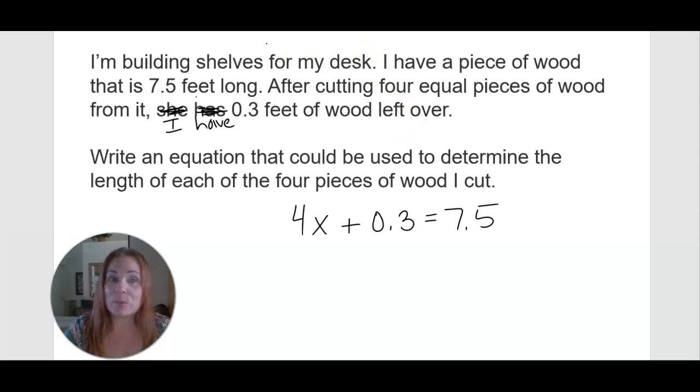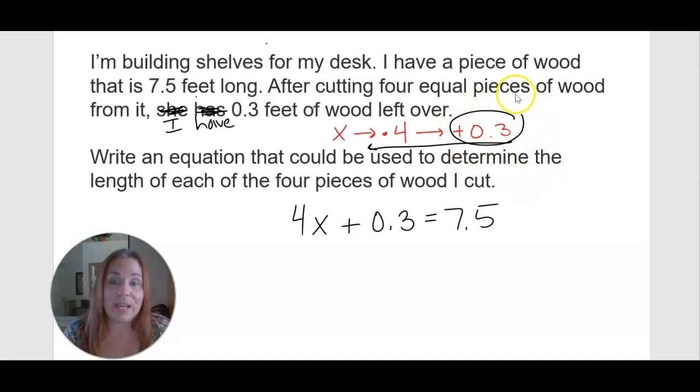So let's look at this order of operations starting with the variable. If I start with the x, order of operations tells me I have to first multiply by 4 and then add 0.3. So now, since I'm going backwards and undoing, I have to undo this first.